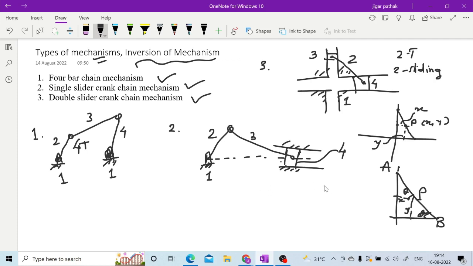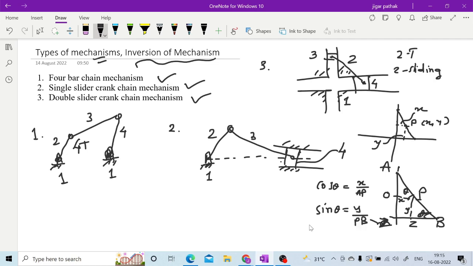So when you consider cos theta, it will be x upon AP in this particular triangle. Similarly, if you take the triangle PZB, sine theta is equal to y upon PB.